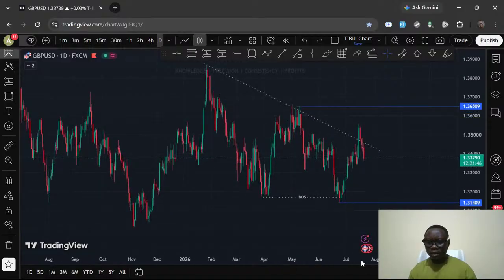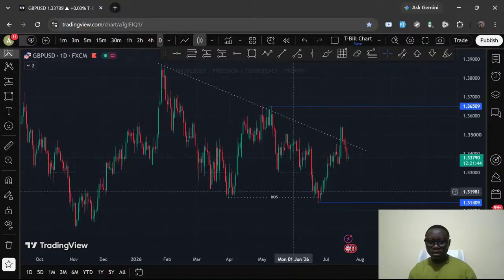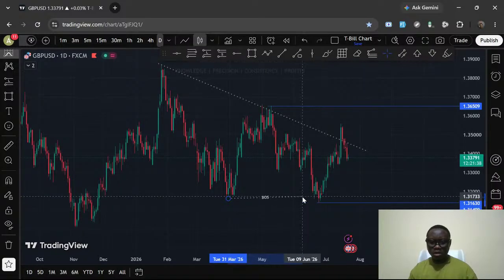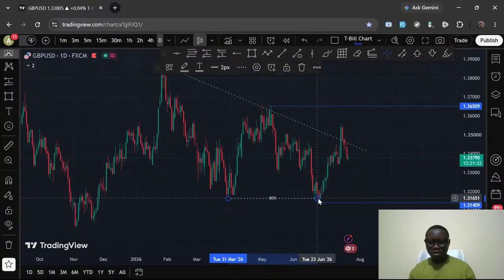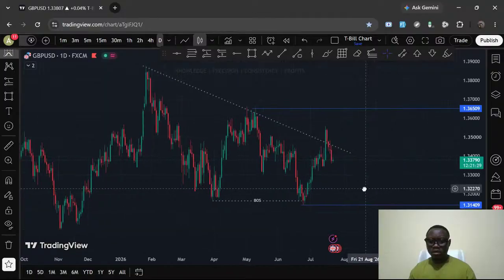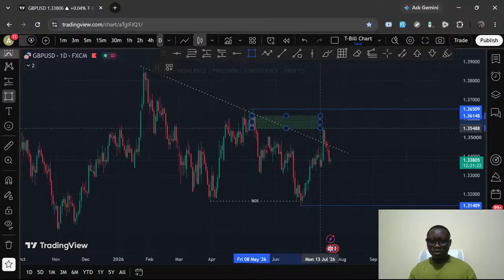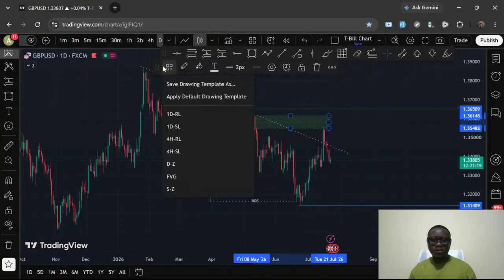Okay, and yeah, this is the last break of structure to the downside right here, this and this right here. Okay, and price is currently reacting at this zone.